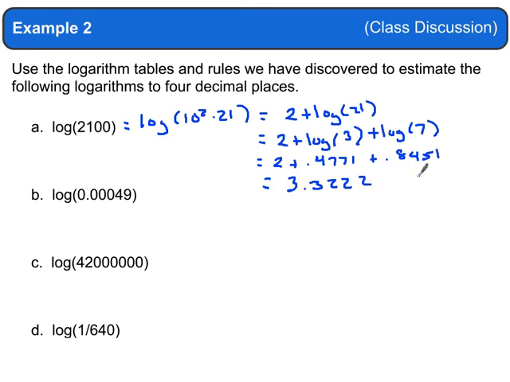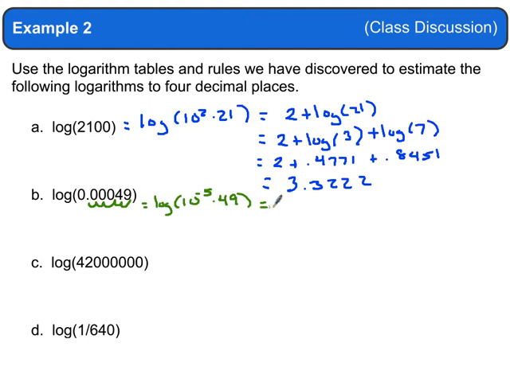So again, remember, our goal is to reference everything back to our basic log table that we used at the beginning of the lesson. If I did the next one, this would be 1, 2, 3, 4, 5 spaces to get all the way to the end. So I would have log of 10 to the -5 times 49.